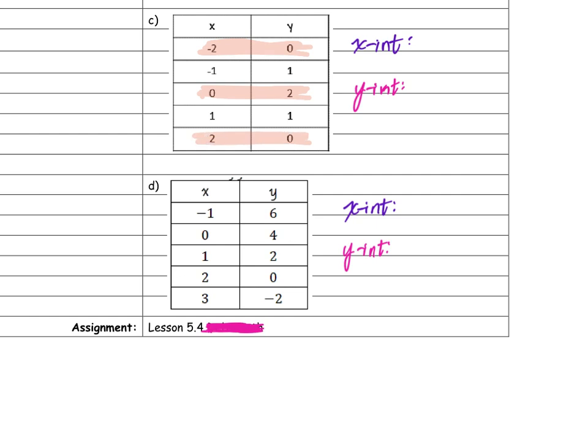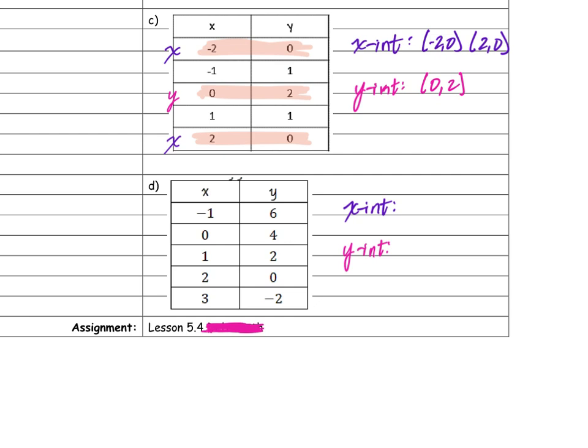I know that the ones that have y as 0 are my x-intercepts. So this is an x and this is an x. And I know the one that has x as 0 is a y. So this one is a y. So my x-intercepts are -2, 0 and 2, 0. And my y-intercept is 0, 2.